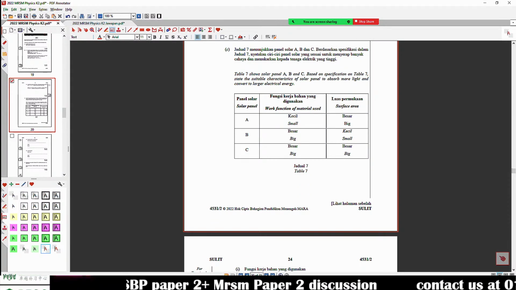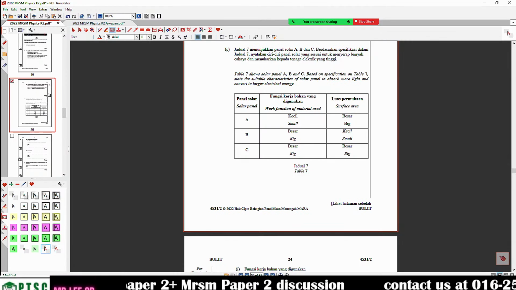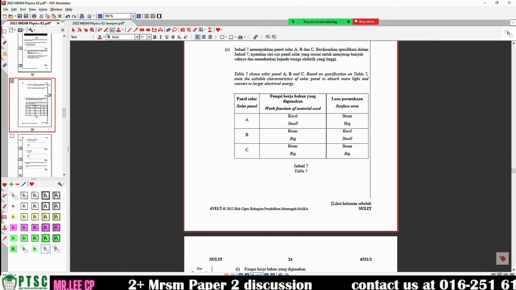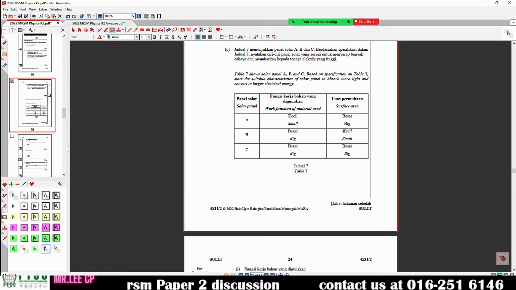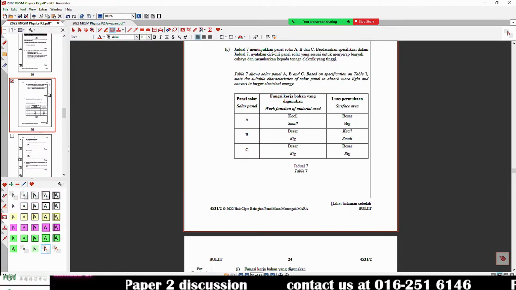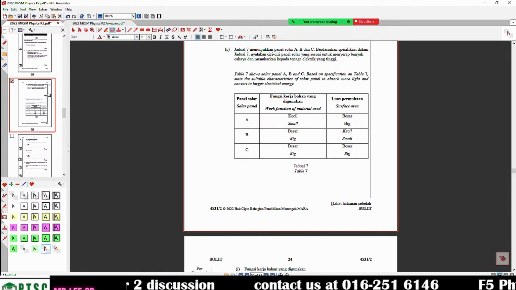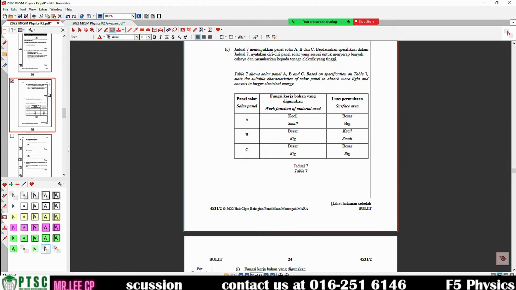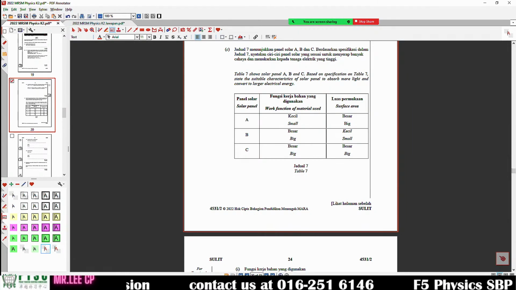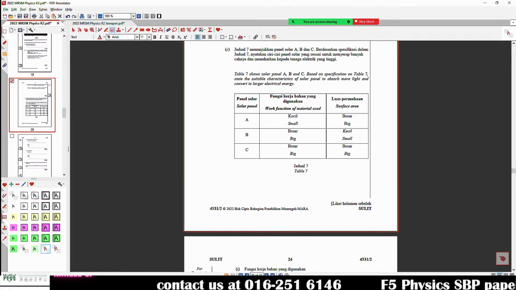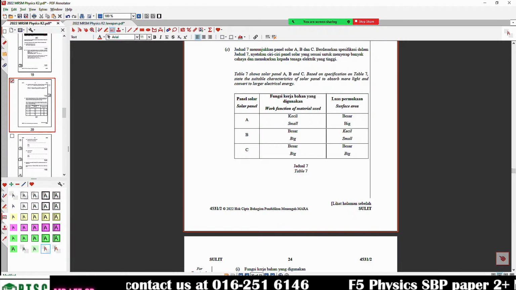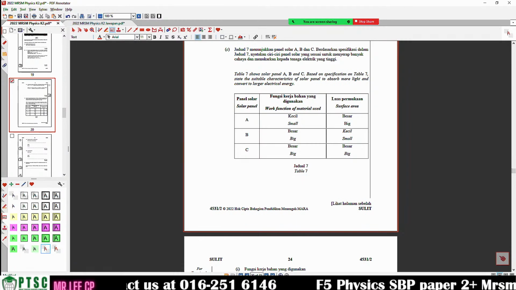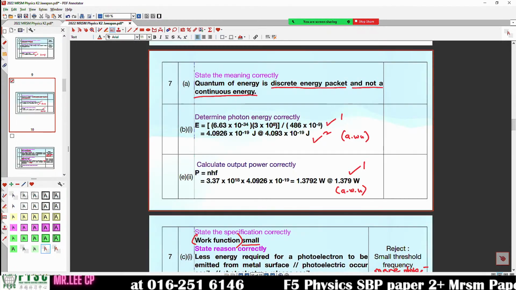And then C. Table 7 shows solar panels A, B, C based on the specification. Choose the suitable characteristics of a solar panel to absorb more light and convert to large electrical energy. The work function of the material used, small or big? The surface area, big or small?